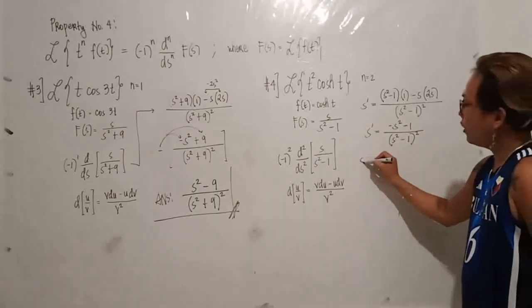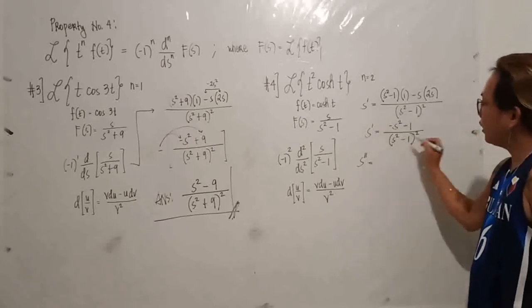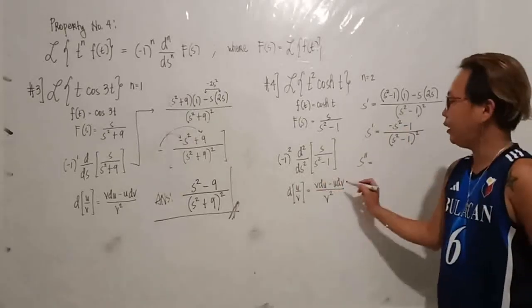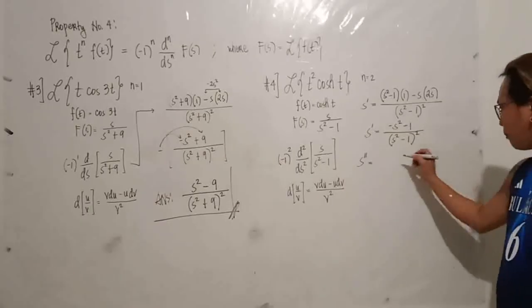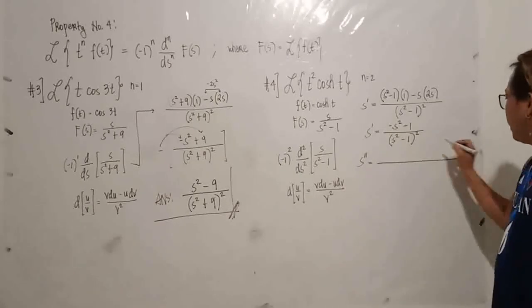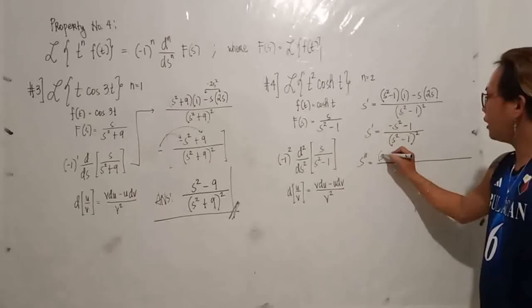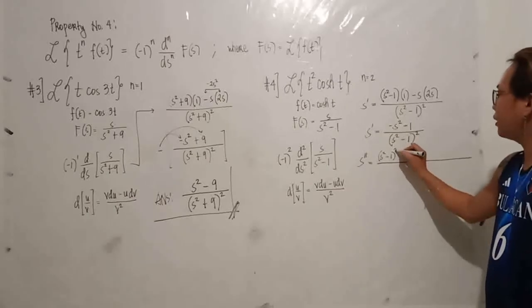Now, taking your second derivative, that is also derivative of u over v. We will use this formula again. So, your v is s squared minus 1 squared.